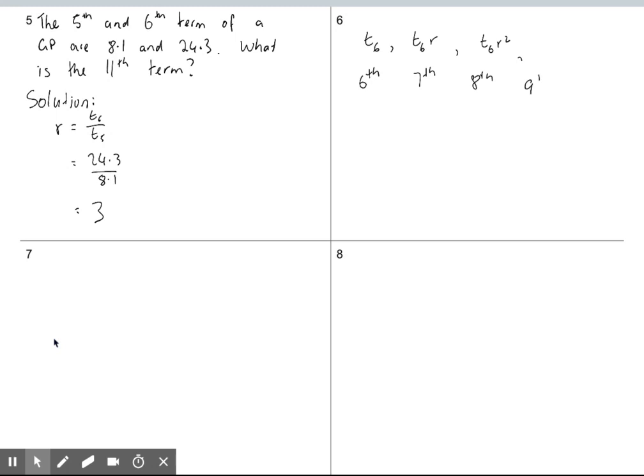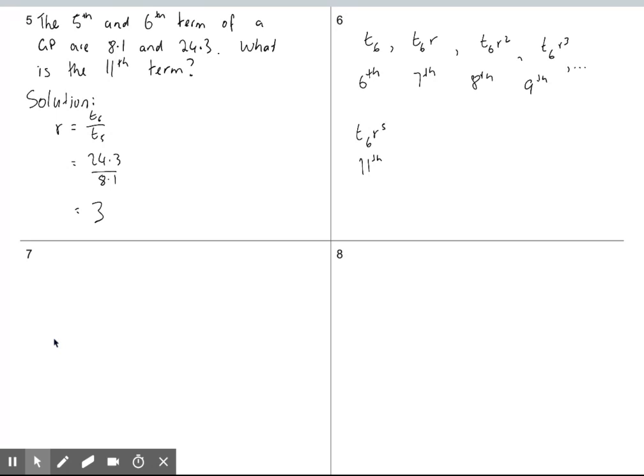The 9th term is going to be T6 times R times R times R, so it's R cubed, etc. Until we get to the 11th term, T6 times R to the power of 5, okay?